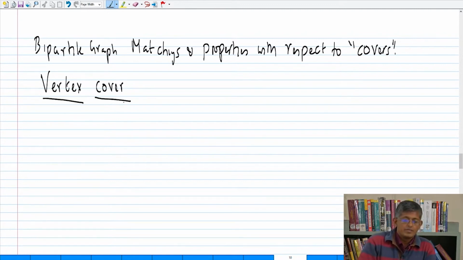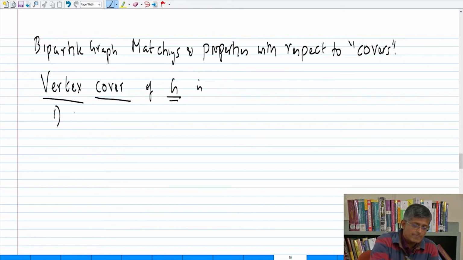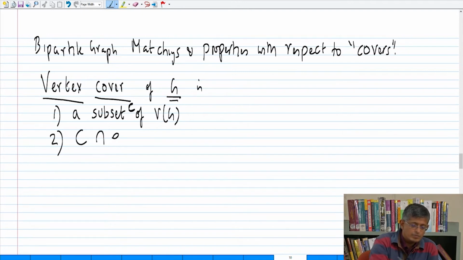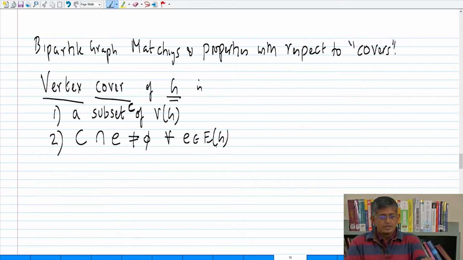So first of all, a vertex cover of G is a subset of the vertex set of G. The vertex cover of graph G is a set of vertices which intersects every edge.